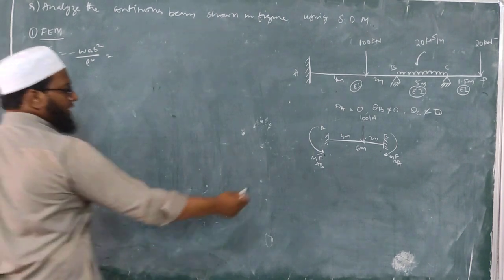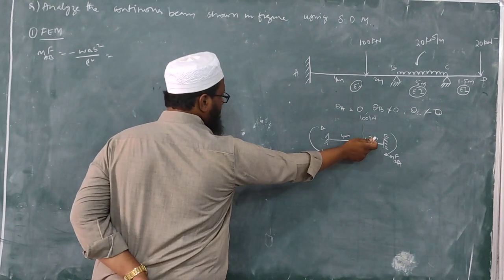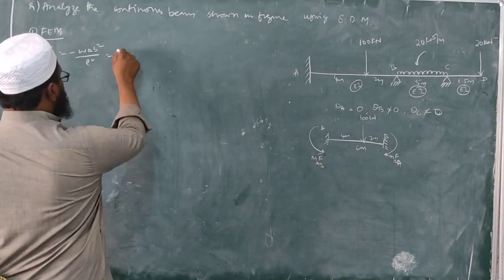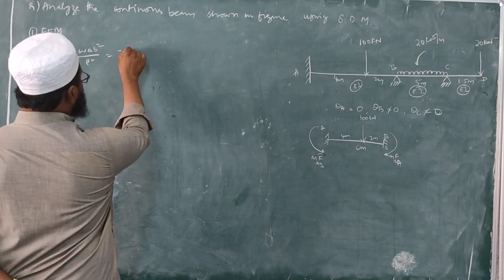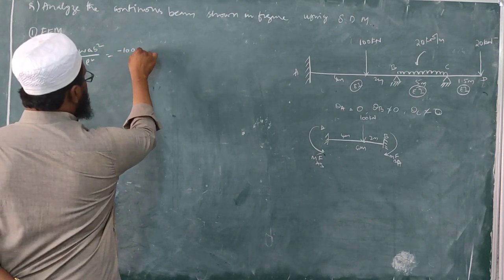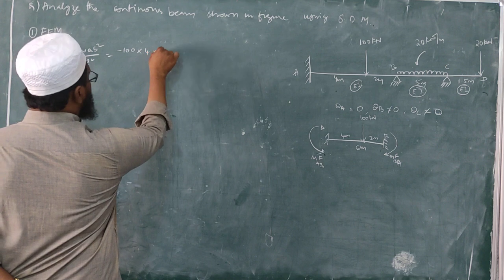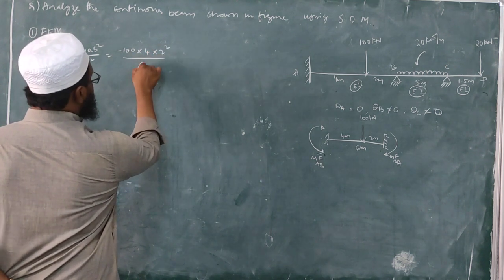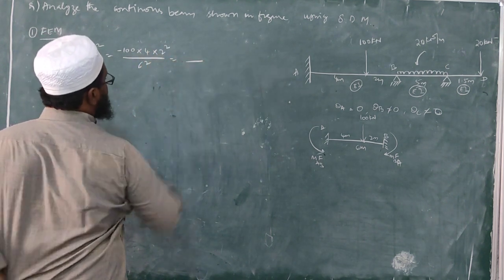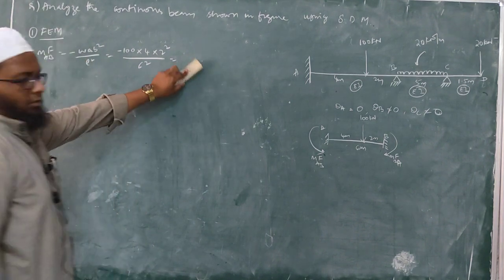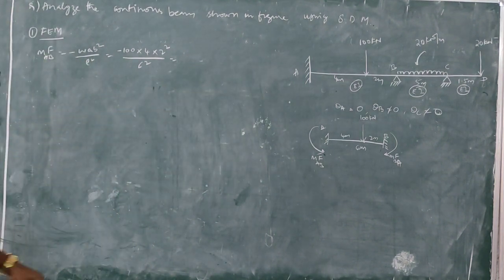What is A here? A is 4, B is 2. So minus 100 into 4 into 2 square by 6 square. You will get some value. Try to calculate that value.